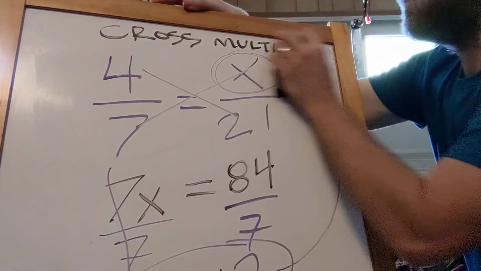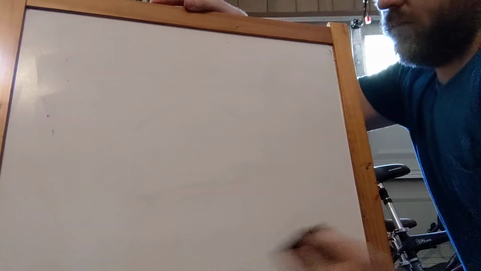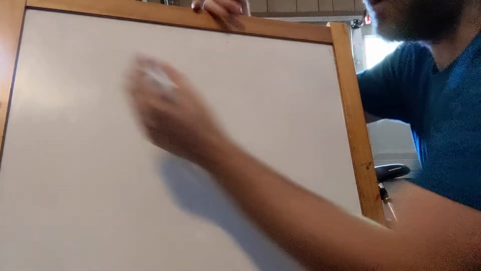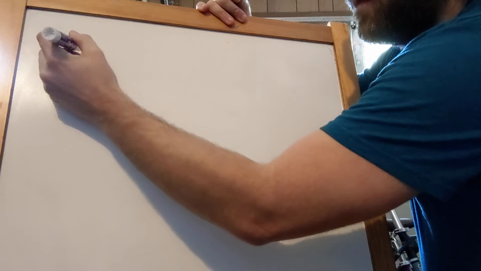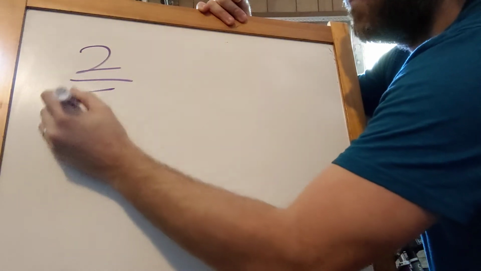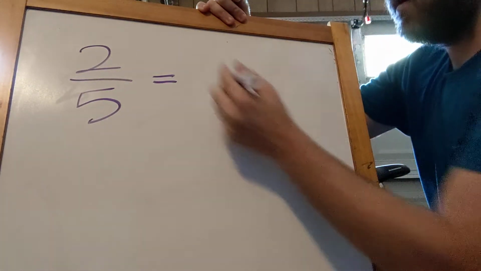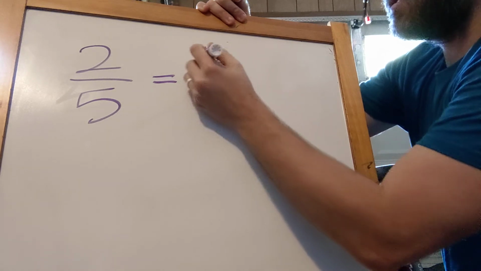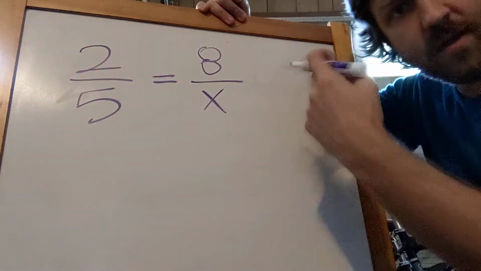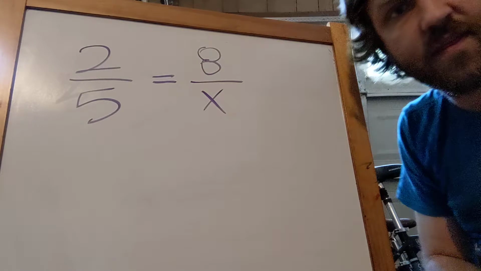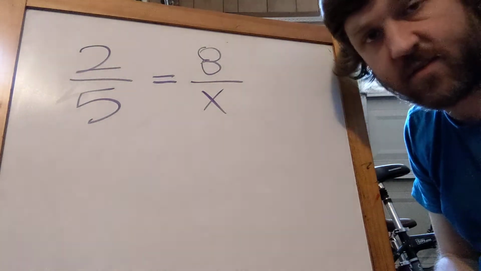So let's do one more example. Let's say I have the fraction 2/5 equals 8 over x. Notice I moved the x to a different location. It's not in the top, but it doesn't matter. The same process is going to apply.